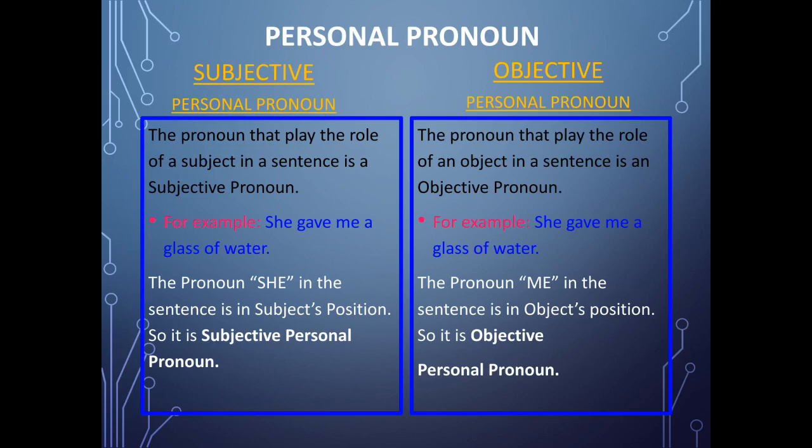For example, she gave me a glass of water. The pronoun she in the sentence is in subject's position, so it is a subjective personal pronoun. But the pronoun me in the sentence is in object's position, so it is an objective personal pronoun.